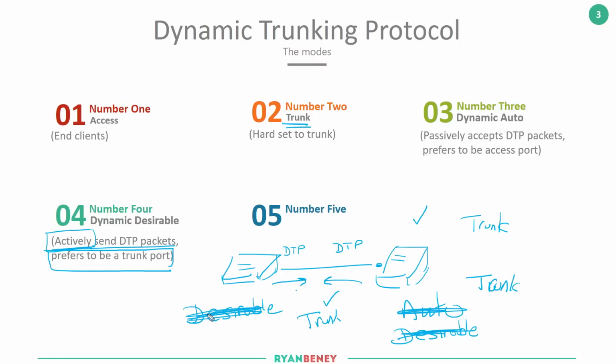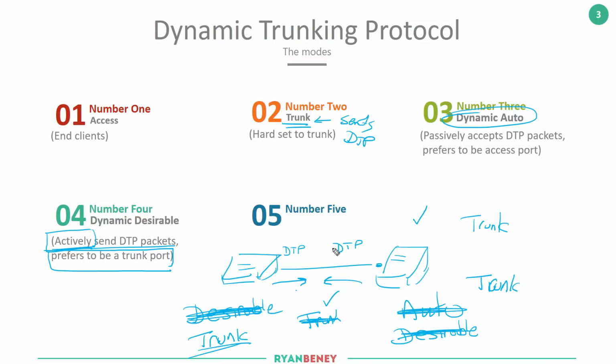If we had a trunk at one side manually set and we had dynamic auto at another, because trunk sends DTP, the output would be it becomes a trunk.